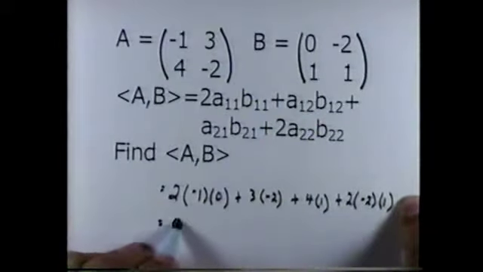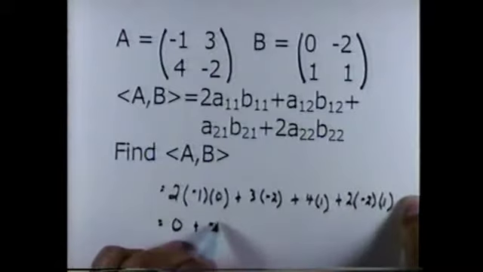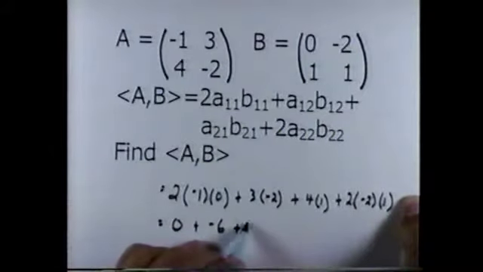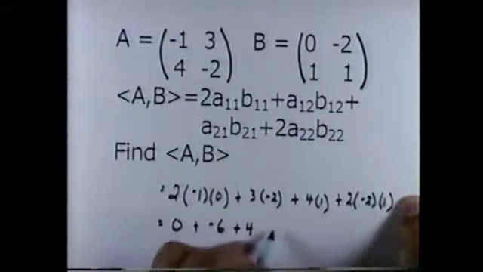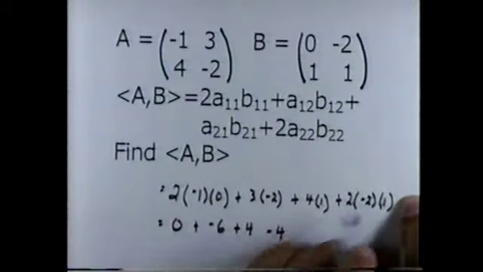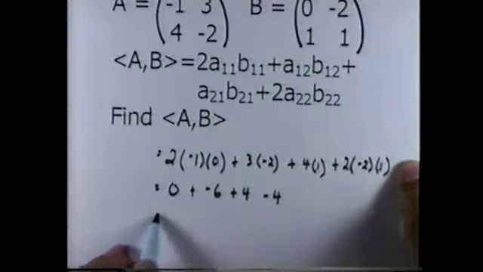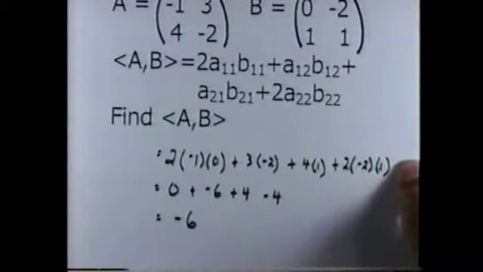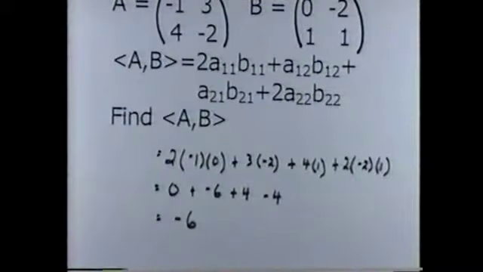Well, this is of course 0 plus negative 6 plus 4 minus 4, which is negative 6. So the inner product of A and B is negative 6.